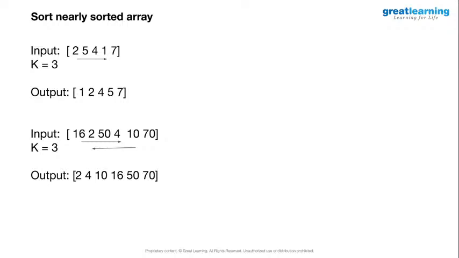If you observe this 16, its original position should be 3 places on the right, at index 0, 1, 2, 3, so at most it will go to 4. And for this 10, the original position is at index 2, so at most it can go to 3. If k is 3, it can shift 3 places to the right or to the left to find its original position.